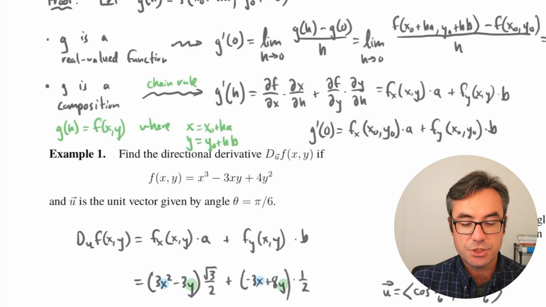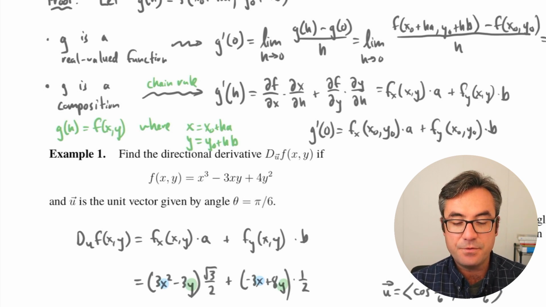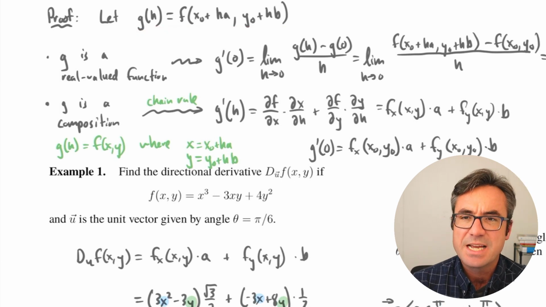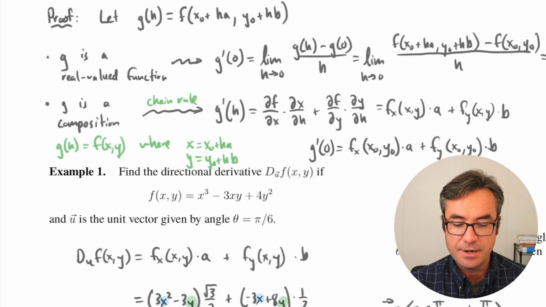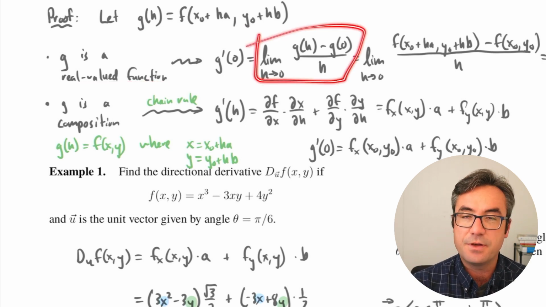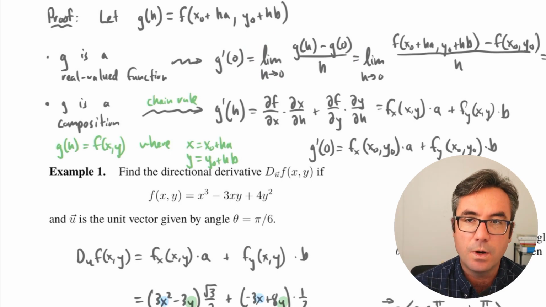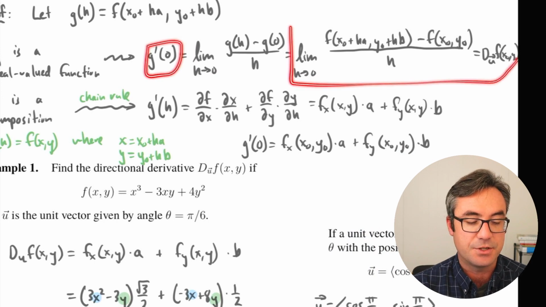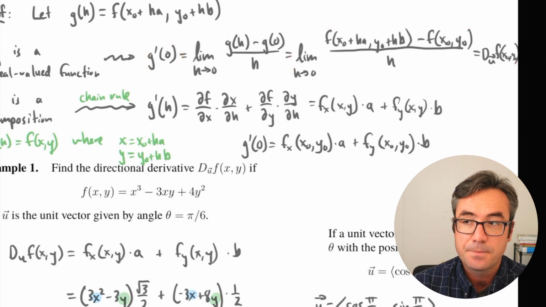What we've just shown is that if we view this special function as a real valued function, we can calculate the derivative just like we would have in Calc 1, and we get this formula which tells us g prime of 0 can be viewed as the directional derivative.